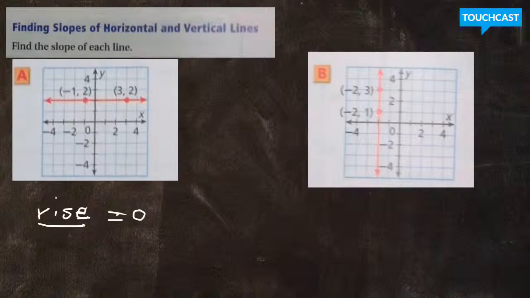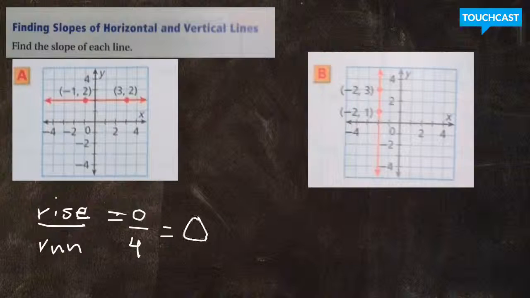Our run from one point, (-1, 2) to (3, 2), is 4. So it's 0 over 4, which means that the slope is 0. That is the case for all horizontal lines. All lines that are horizontal have a slope of 0.